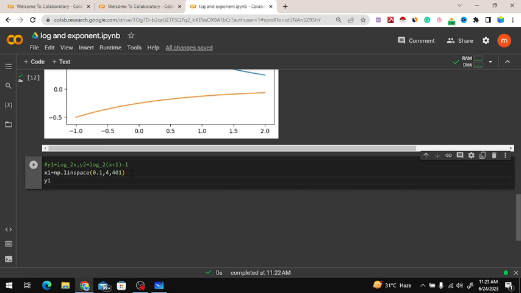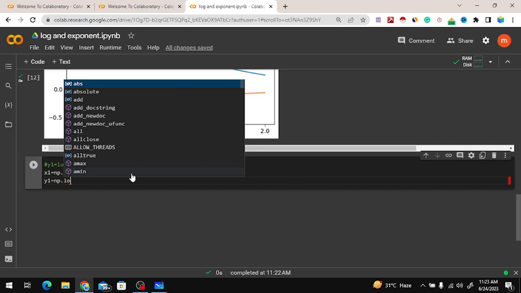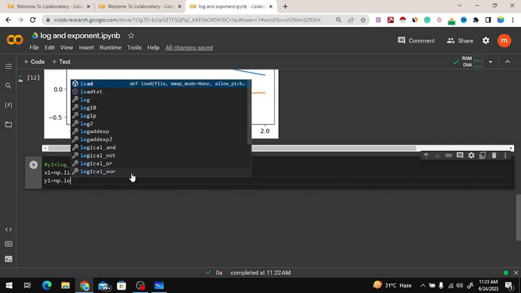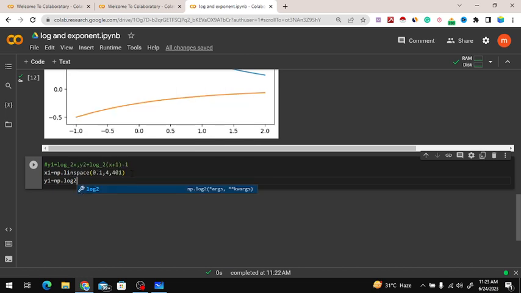Okay, now y1 should be equal to np dot log 2 of x1.